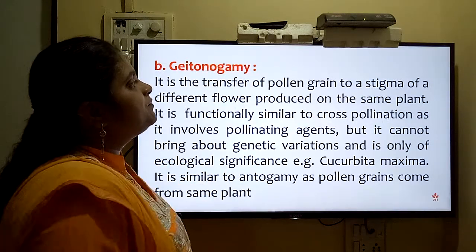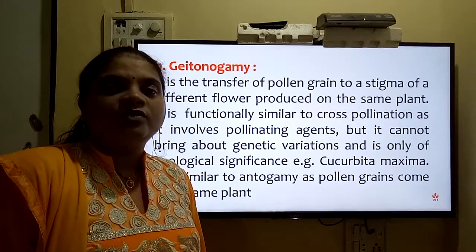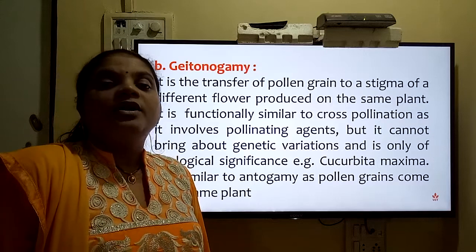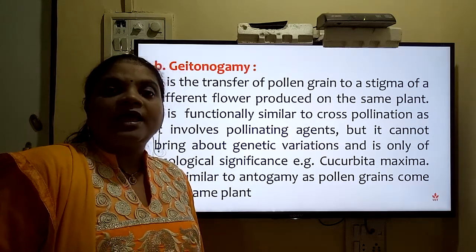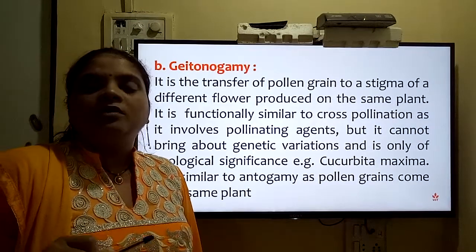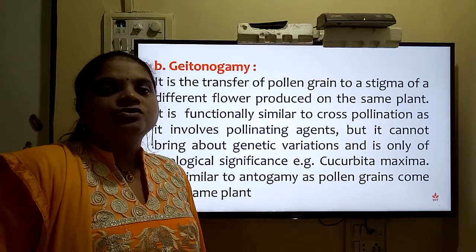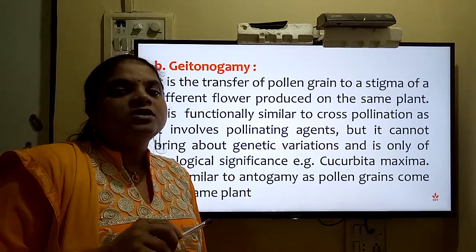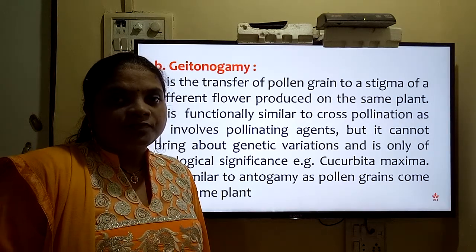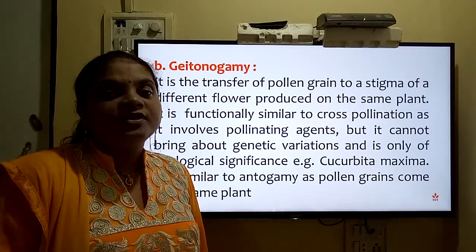Now geitonogamy. It is the transfer of pollen grains of one flower to the stigma of another flower on the same plant. To transfer the pollen grains to another flower requires some external agent. So this type seems like cross-pollination, but the offspring do not show any genetic differences.